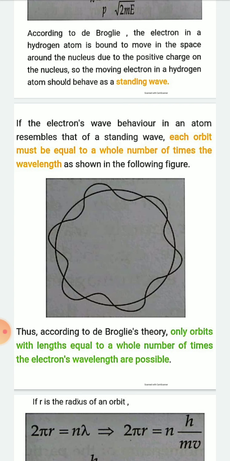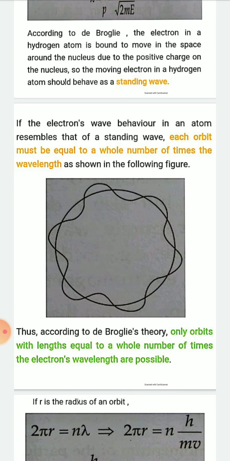In this figure, the electron is revolving around the nucleus in a circular orbit, and its movement is shown in the form of a wave.